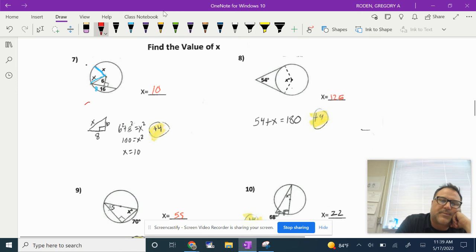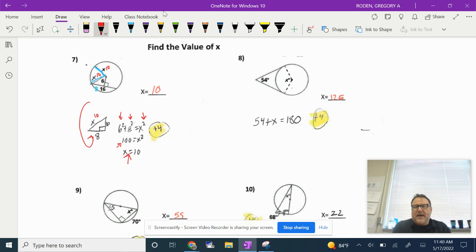I have 6 squared plus 8 squared equals x squared. 6 squared plus 8 squared is 100. And x equals 10, right? And there you go. So this is just a 6, 8, 10 right triangle. So this is 10. And so if this is 10, this is also 10 because they're both radii.